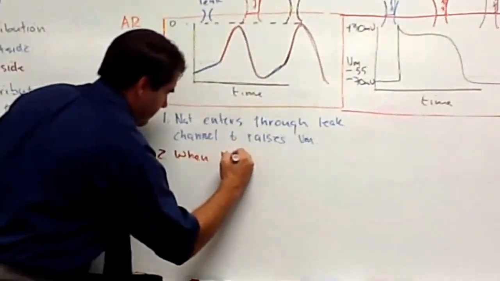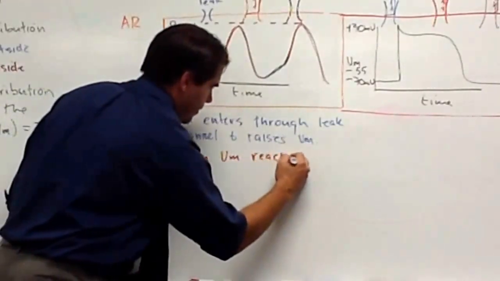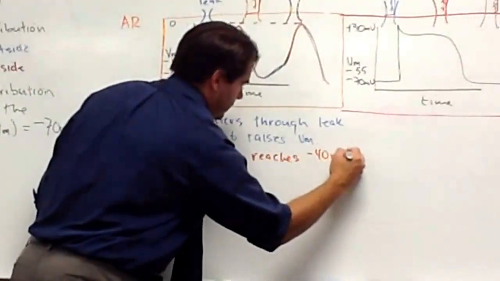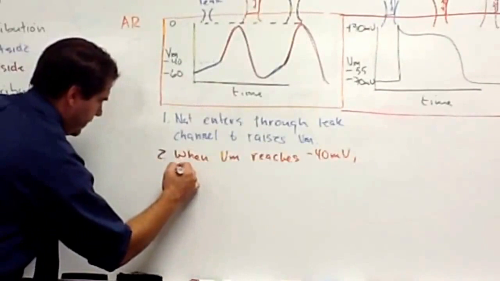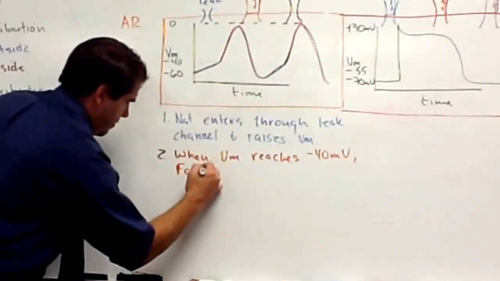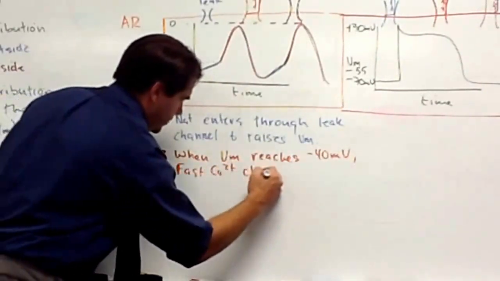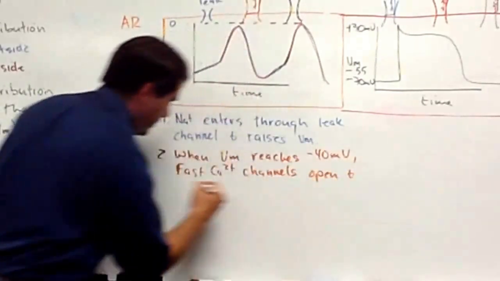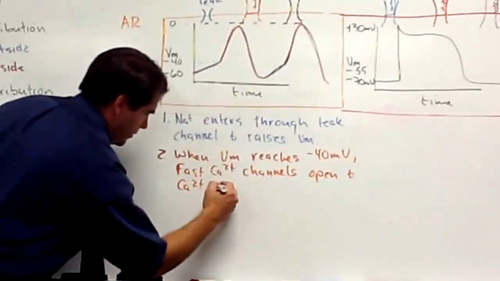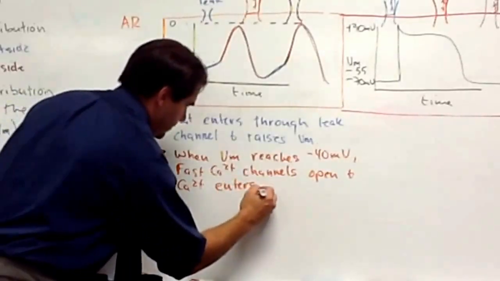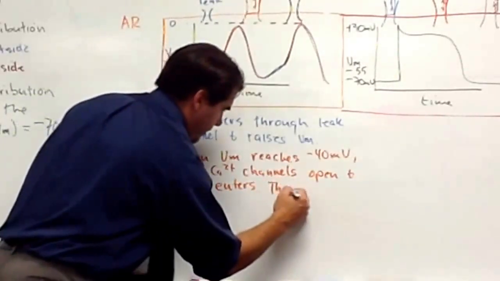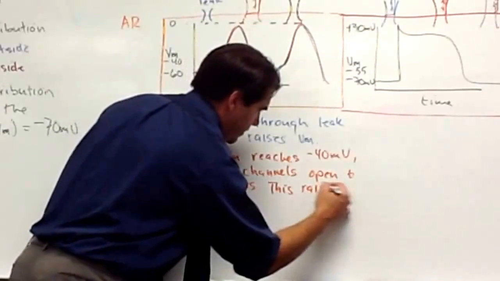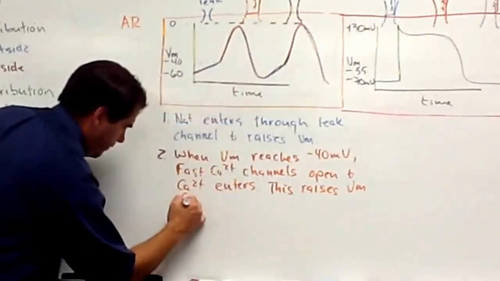When Vm reaches minus 40 millivolts, fast calcium channels open, and calcium enters. This raises Vm further.